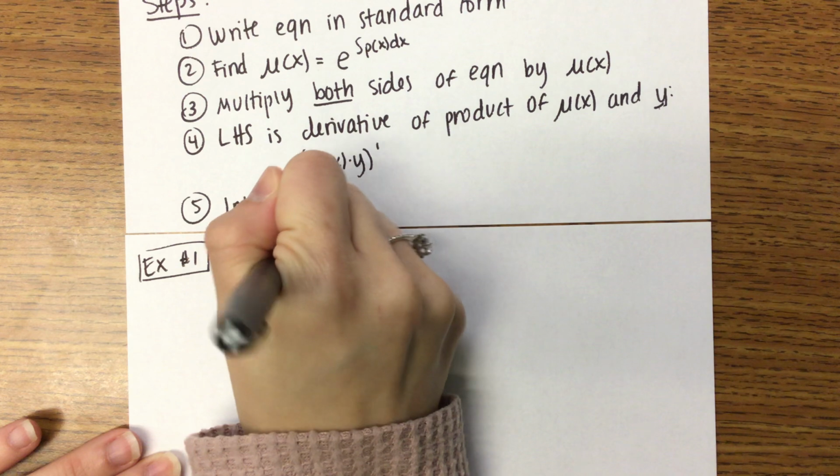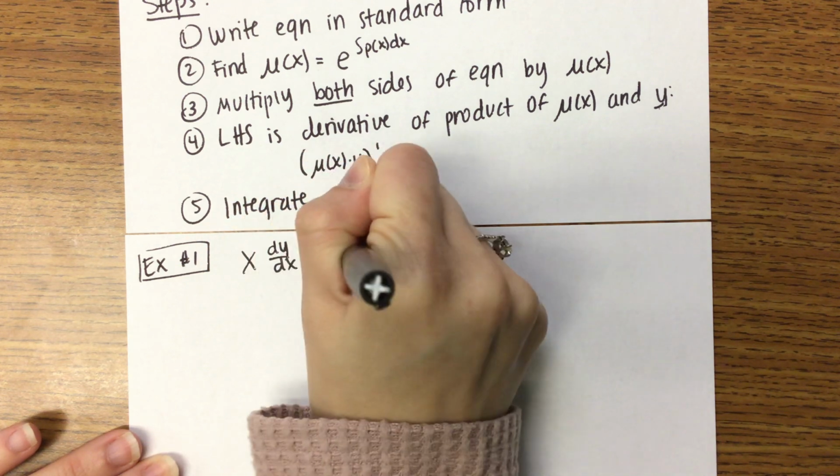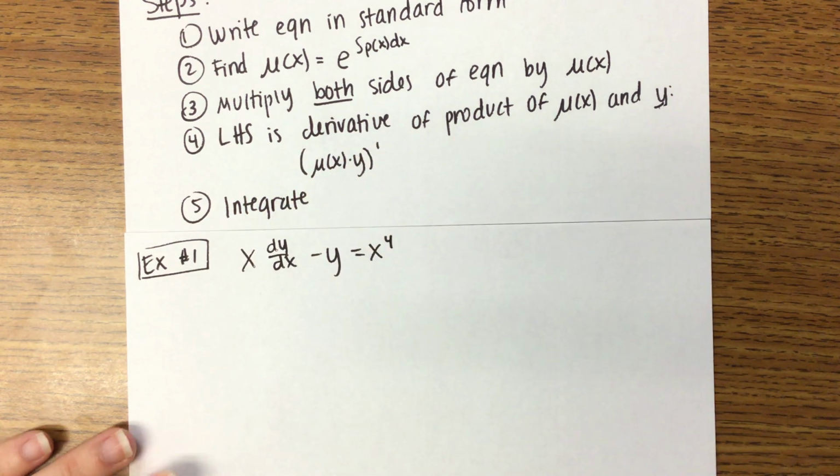So we have x dy dx subtract y equals x to the fourth. Okay, so first thing to ask ourselves, is this linear? Yes.